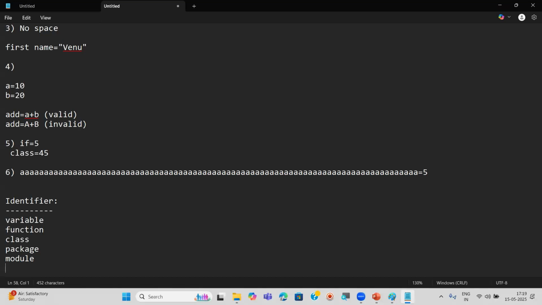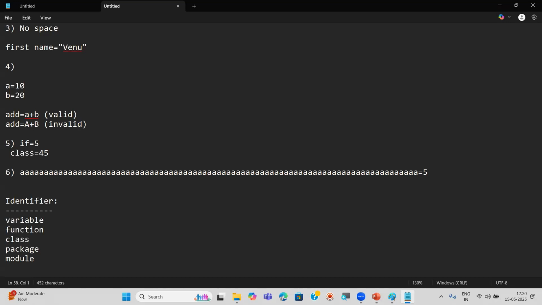Identifier means what we use to identify something. You have your name for identification purposes. Same way in Python, different elements have names. A variable has a name, a function has a name, a class, a package, a module also has a name. So the name of anything is called an identifier.